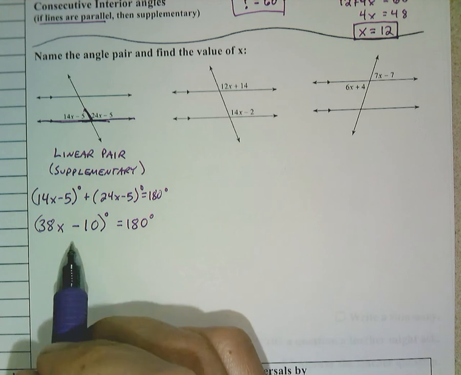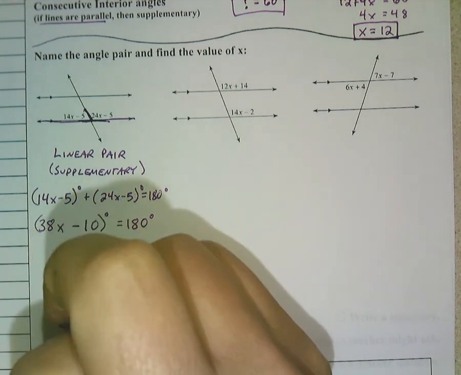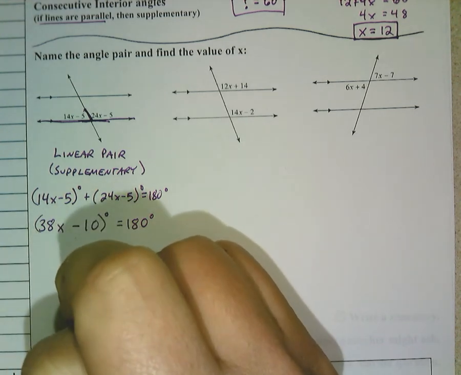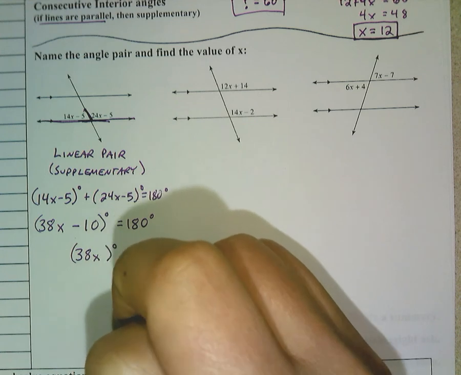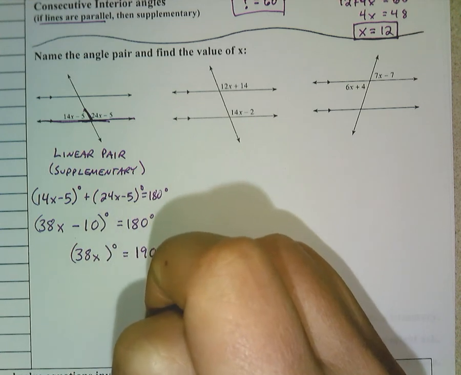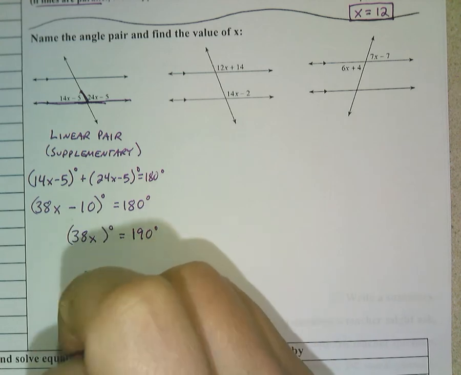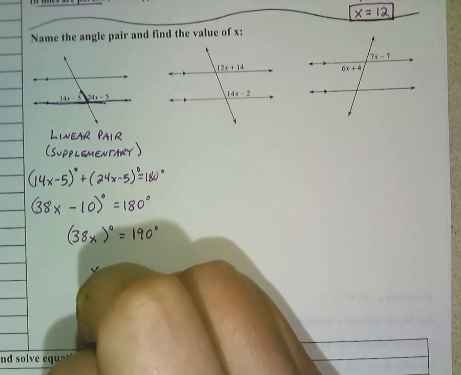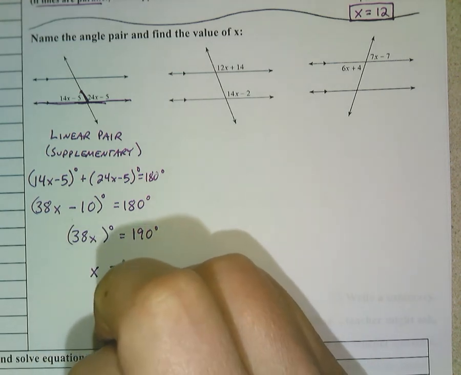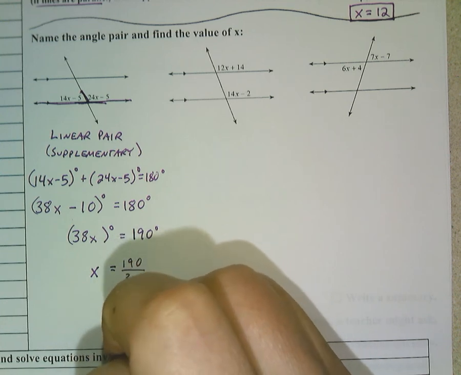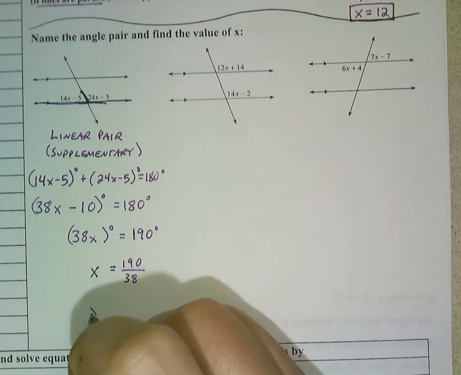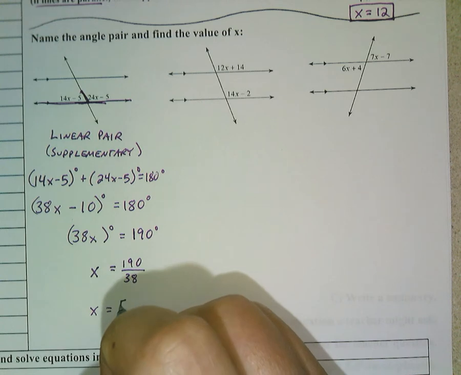Then if I were to add 10 degrees to both sides, I would have 38x degrees is equal to 190 degrees. And then if I were to divide both sides by 38 degrees, I would find that x is equal to 190 over 38, which is 5.